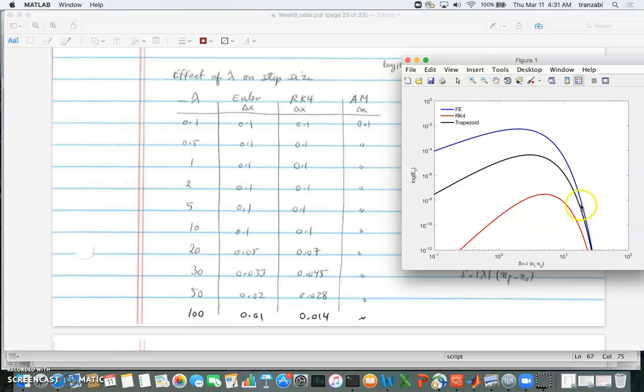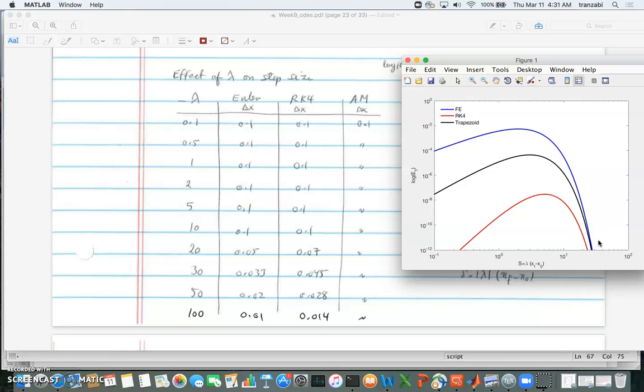So they have almost the same accuracy, and that's because, before we change the delta x, stability is an important issue, and because of the stability, the error goes up for the red curve and blue curve, but then after that, because we use a smaller delta x, the error goes back down.